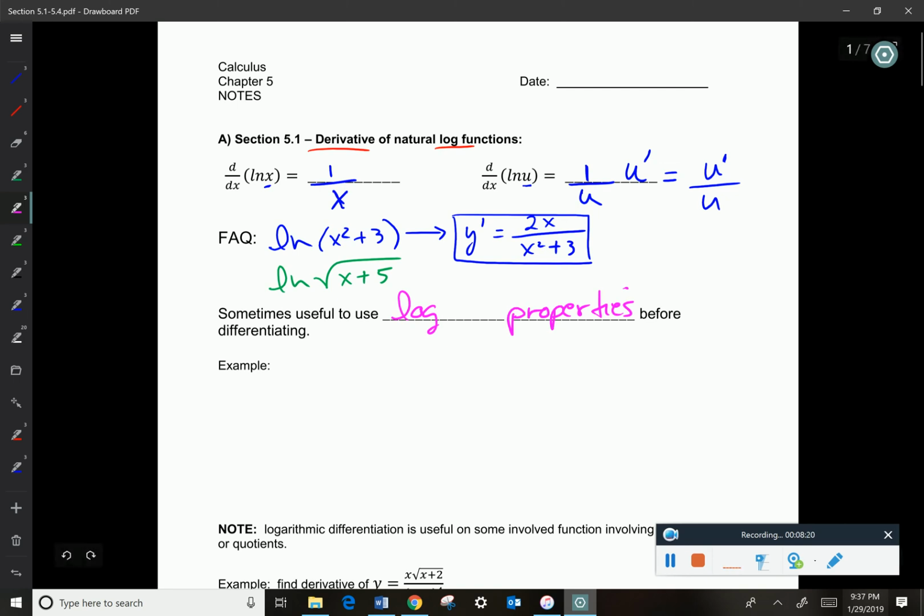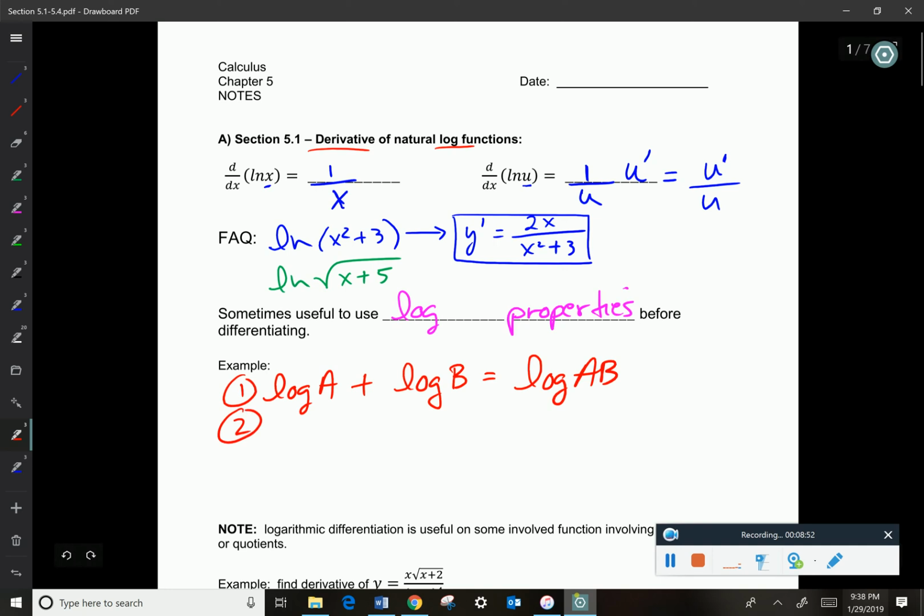You may remember from back in the day that if you have the log of something, and it doesn't matter what the base is, it might be log base 3, log base 10, log base e, and you add it to another log, say log of A plus log of B, you can combine those two logs into one log, and it becomes log of A times B. I hope that at least looks a little bit familiar.